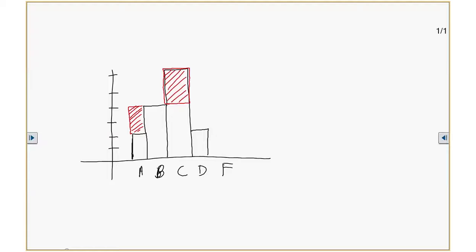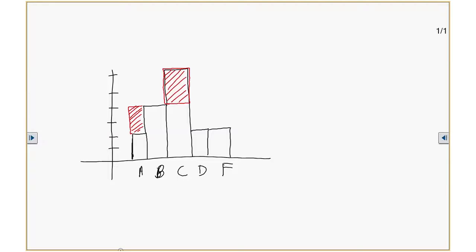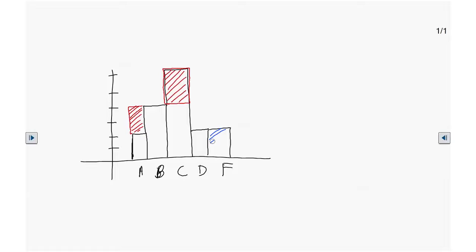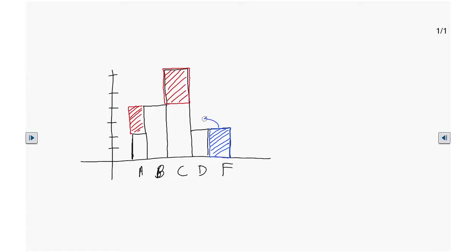Then I take this block and put it right here.